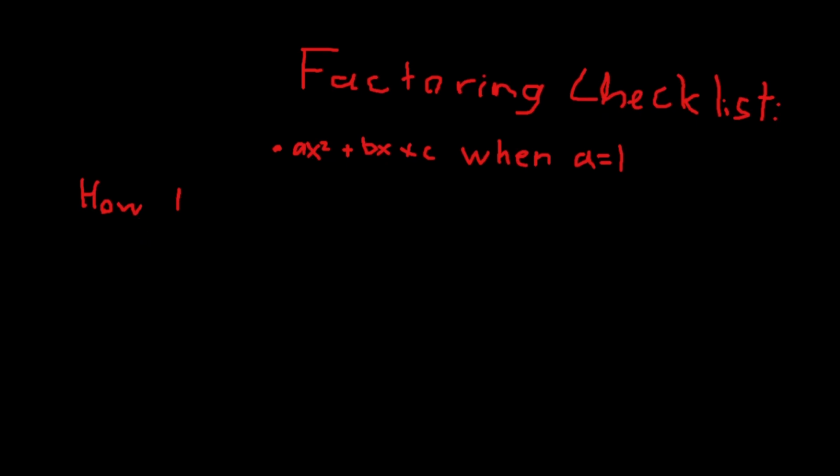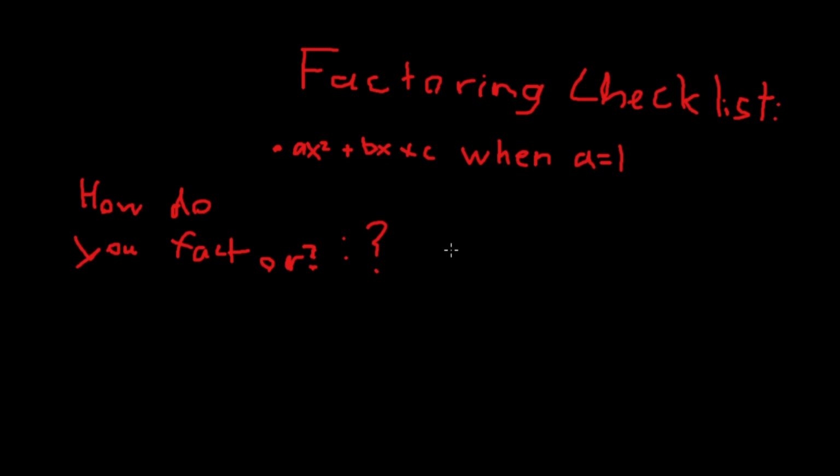I'll ask it as a question, actually. How do you factor? Simple question, right? Well, the answer is question mark. Because factoring is weird because it's a bunch of different strategies and you have to know basically all of them or have a decent understanding of them.